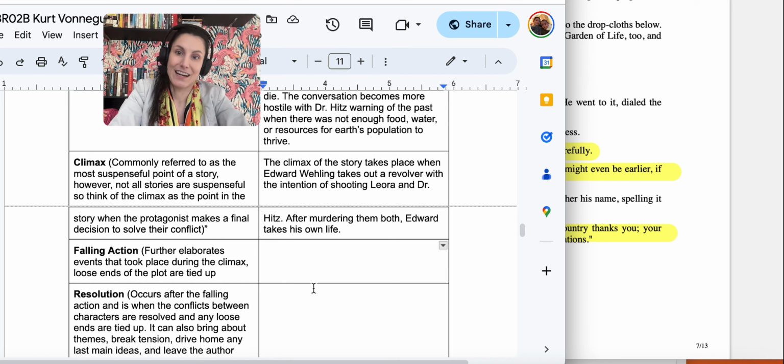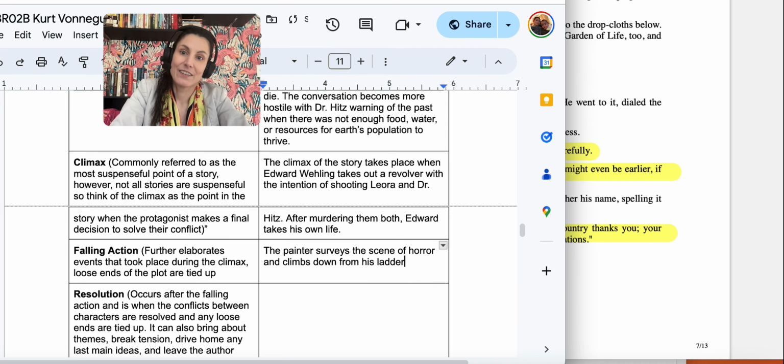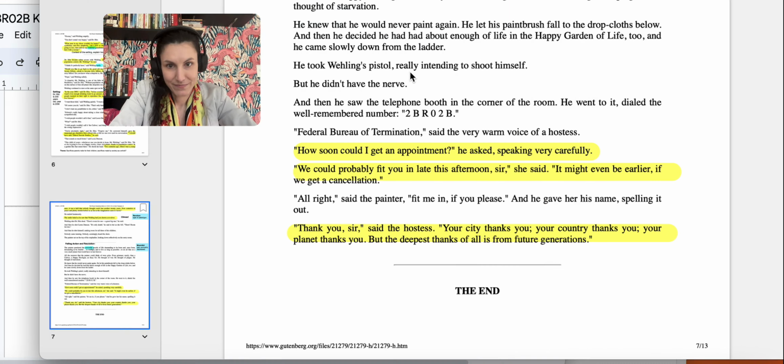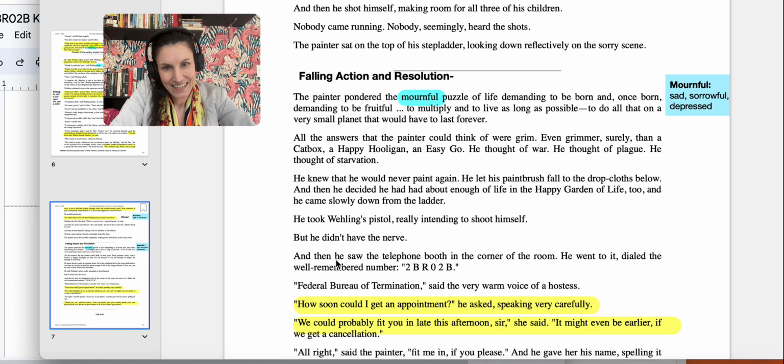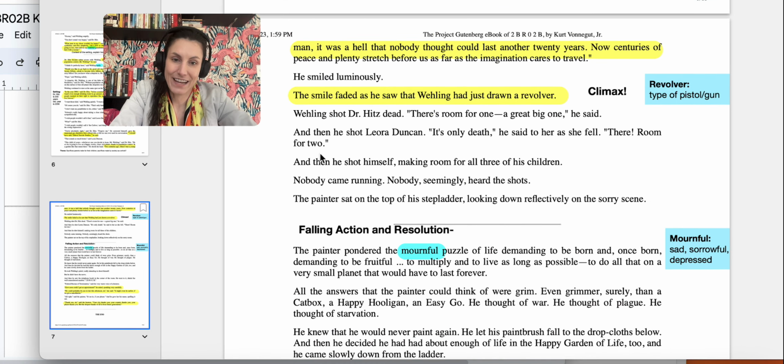So you could say the painter surveys the scene of horror and climbs down from his ladder. He has an epiphany. The painter pondered the mournful puzzle of life, demanding to be born, and once born, demanding to be fruitful, to multiply and live as long as possible, to do that on a very small planet that would have to last forever.